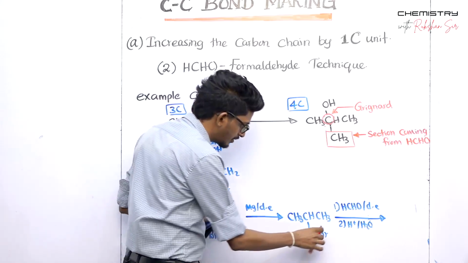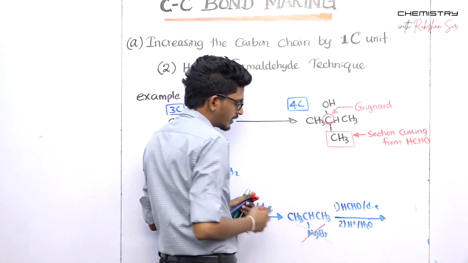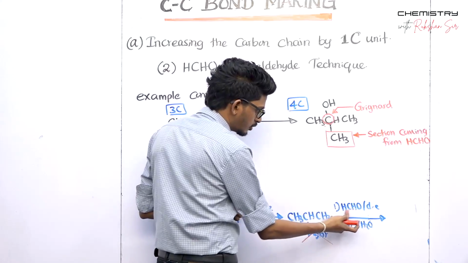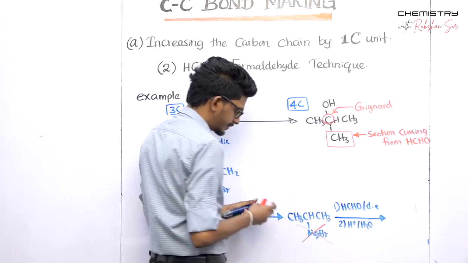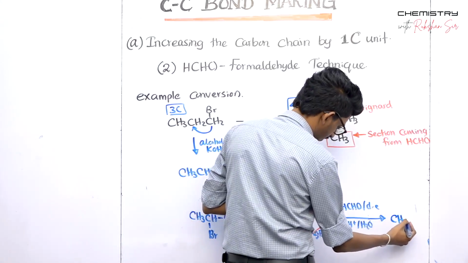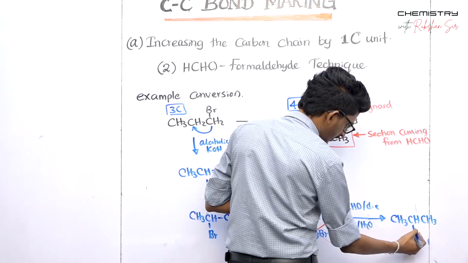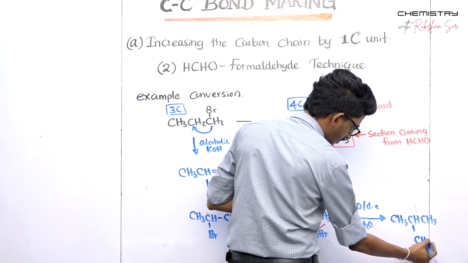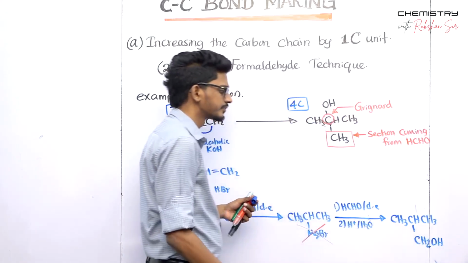This MgBr leaves, and this converts to CH2OH, coming from here, right? So it's going to be CH3 to here. It's going to be CH2OH, right?